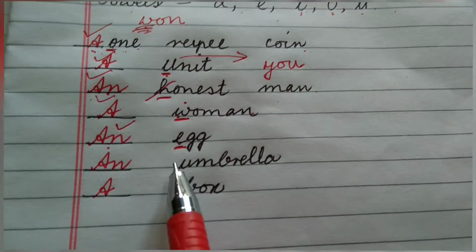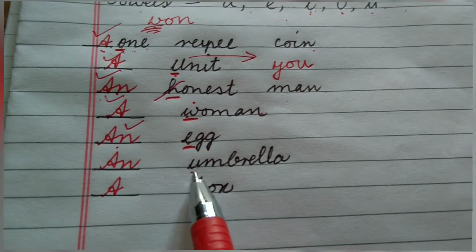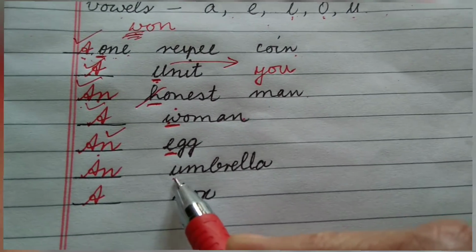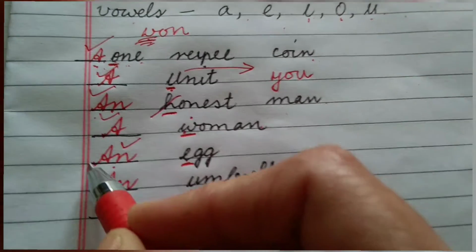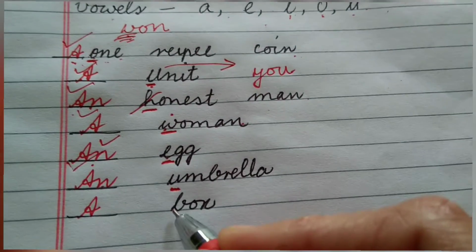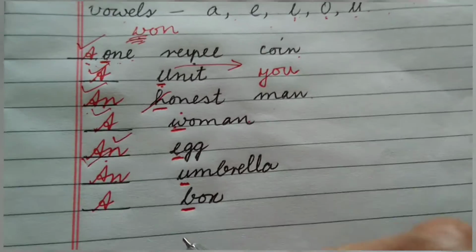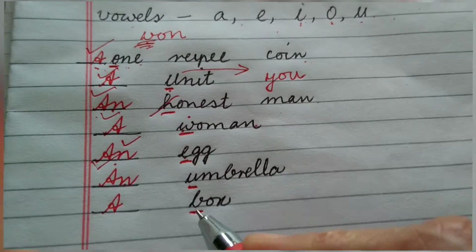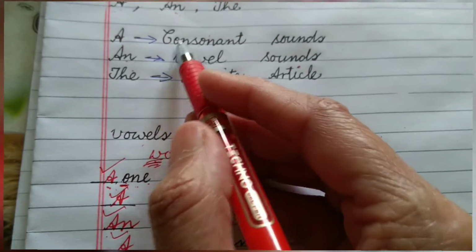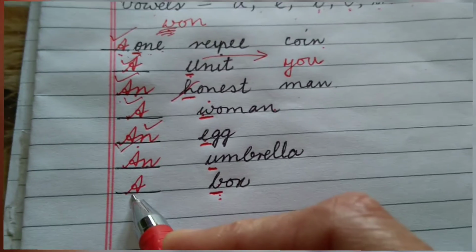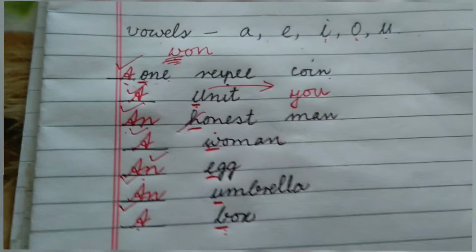Umbrella. Umbrella starting with U, U for umbrella, making a sound which is a vowel sound, and an is written, so this is also correct. Box. It's a consonant, giving B sound, and the sound of B is a consonant sound, so a is written. So this is also correct.